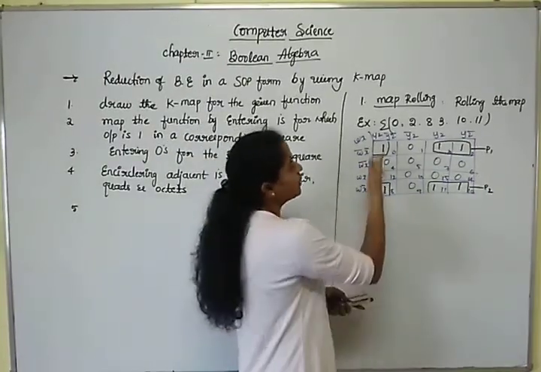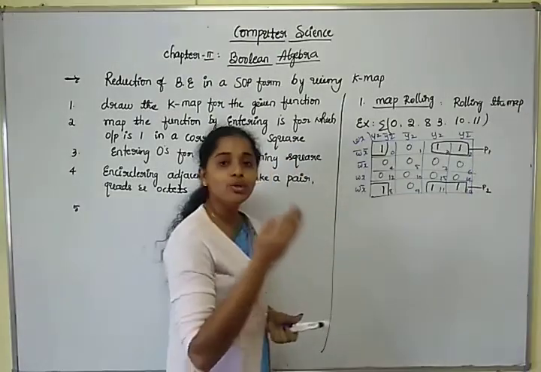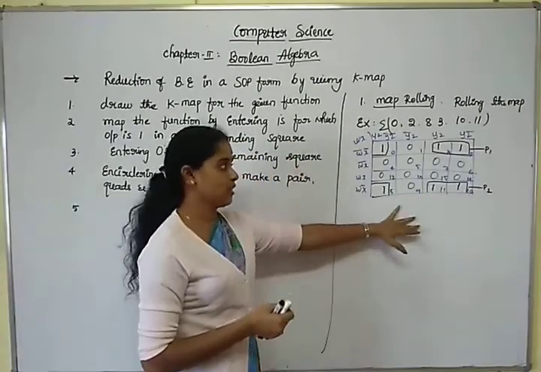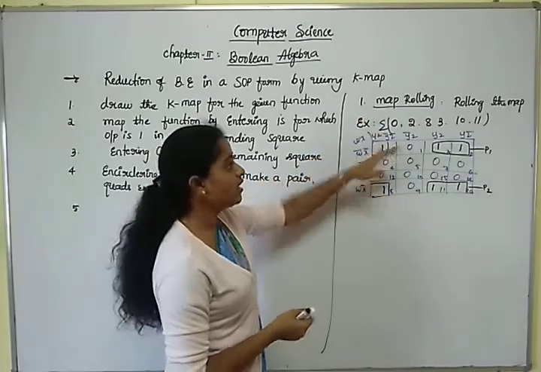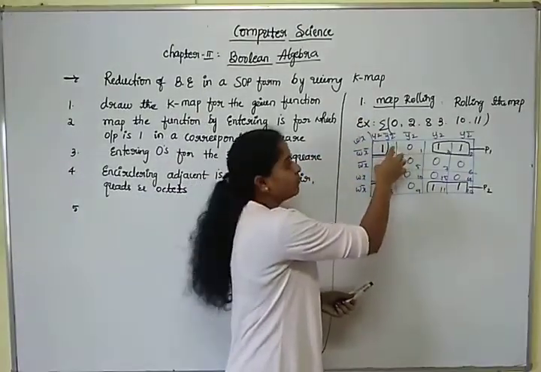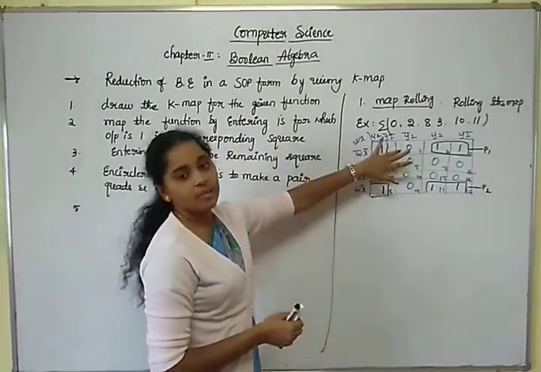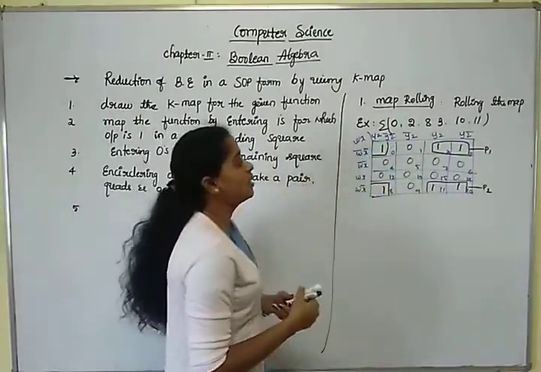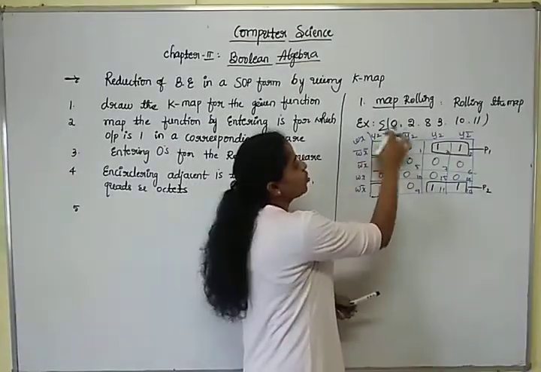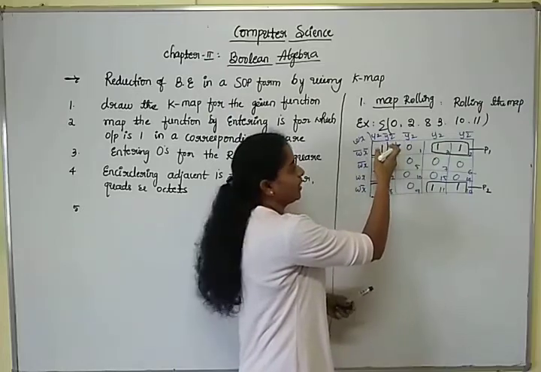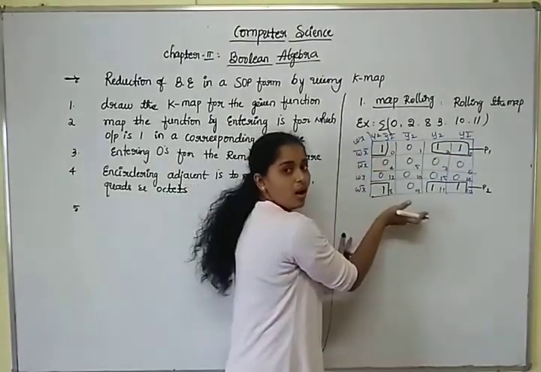Now after encircling, let us see how to reduce the expression. In a one-square group, there is no possibility of reduction of the variables. In this case, the map must be rolled.